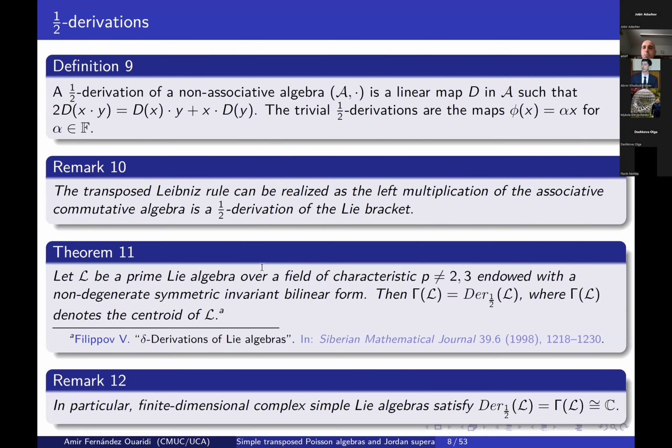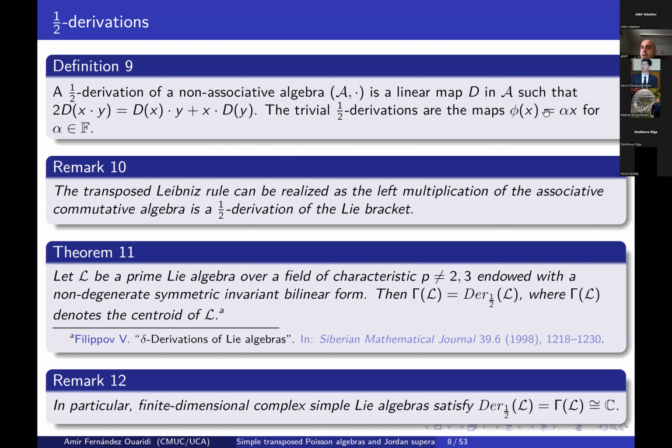Now, how do they prove this result? Well, what they do is that they use the notion of a 1/2 derivation of a non-associative algebra. A 1/2 derivation of a non-associative algebra is a linear map D, which satisfies this equation here.